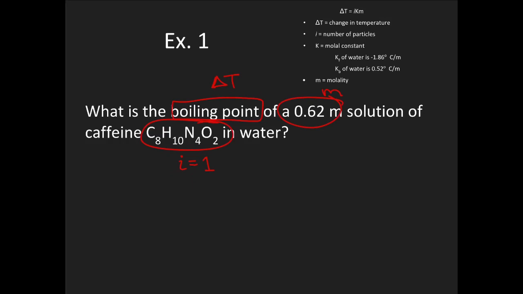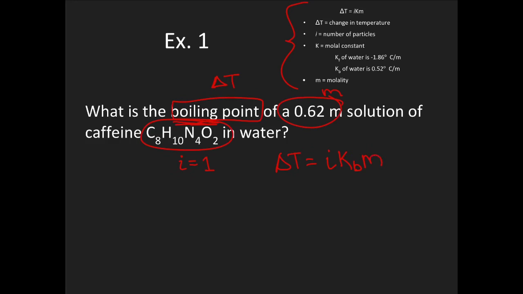As you see, I have the equation and all the variables copied over right here so you can reference them. We have a change in temperature equals our i, or our number of particles, times our constant for, what are we doing right here? We are boiling. So it is going to be the Kb times your molality.